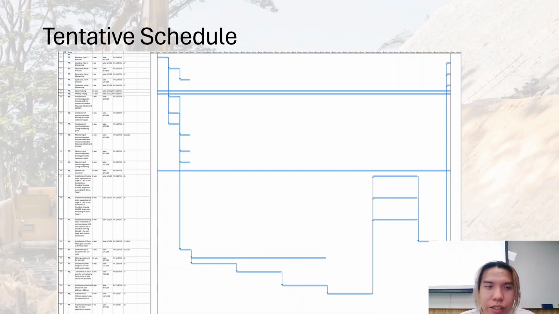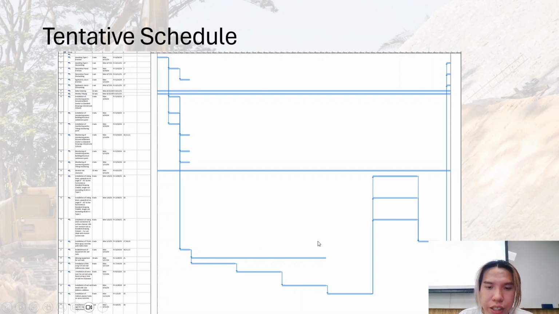Next, I'm going to talk about the Gantt chart of our project. You can see that week 1 to week 6 is our site formation period, which includes the hoarding erection, site office installation, and signboard installation.